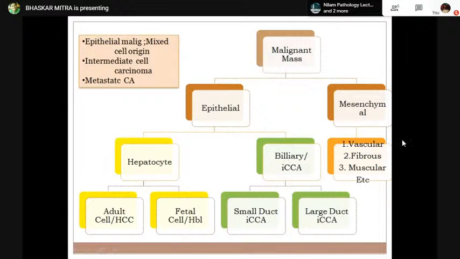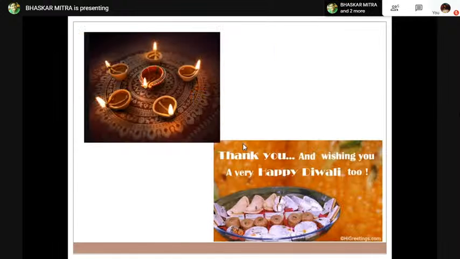Otherwise, we follow this algorithm, but again I am saying it is not that simple. In the true cut, it will sometimes be very difficult to differentiate, but in most cases, a conscious and meticulous examination of the morphology, immunohistochemistry, and ancillary markers will help us to differentiate these tumors.